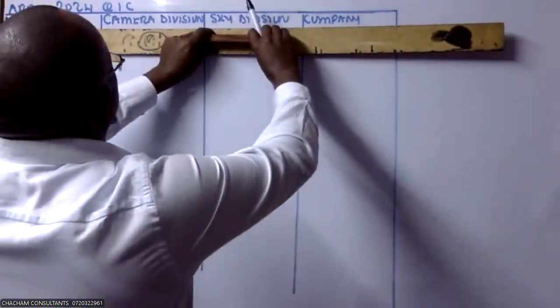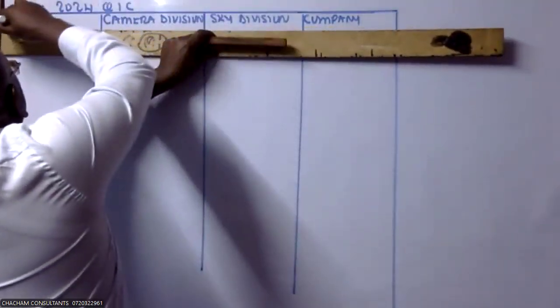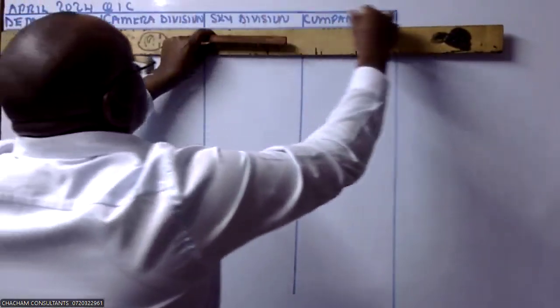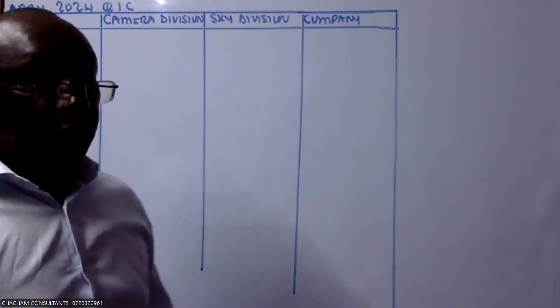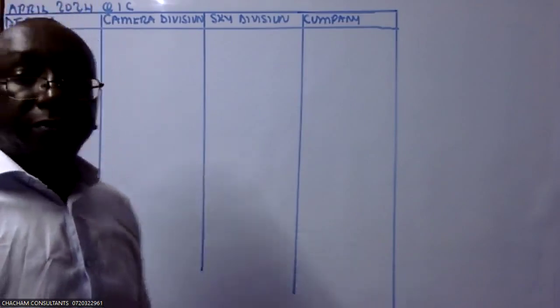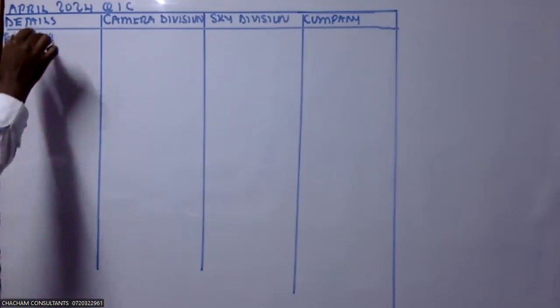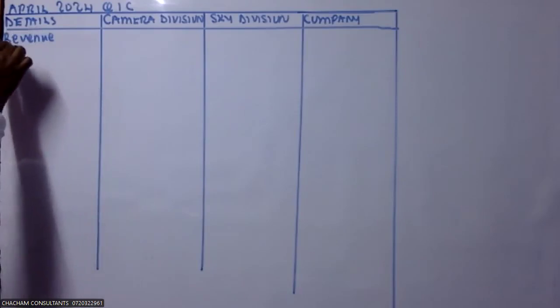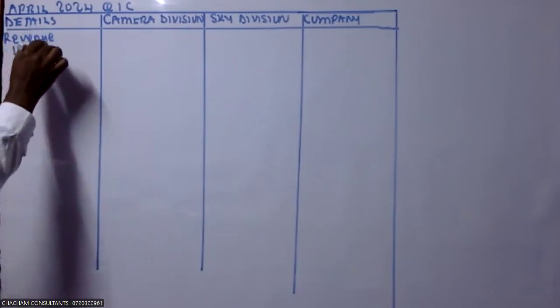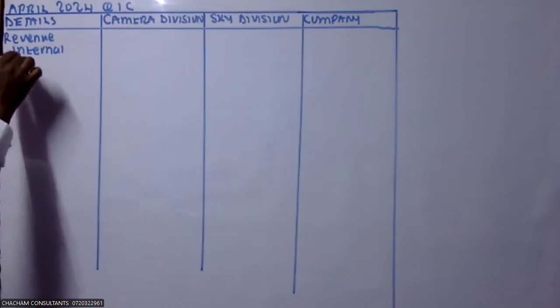So once again, we do the frame. For the frame, we have the revenue, which is internal and external.